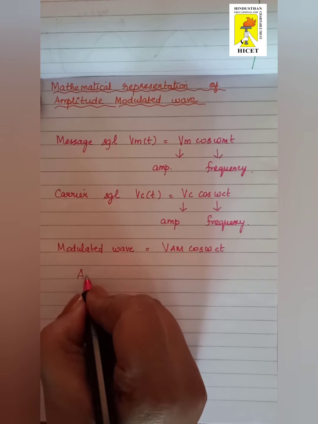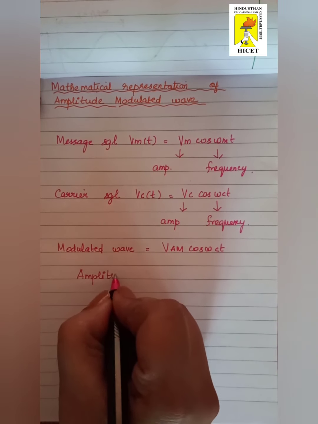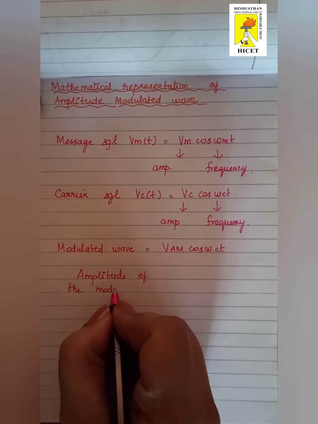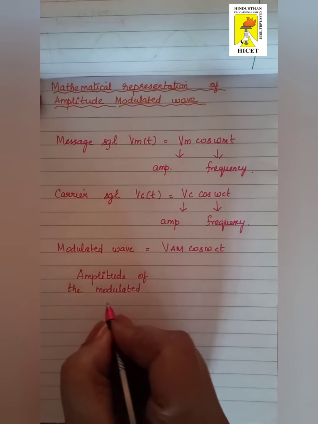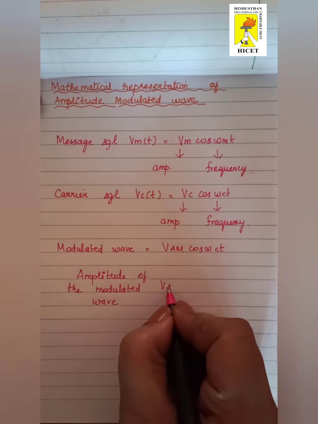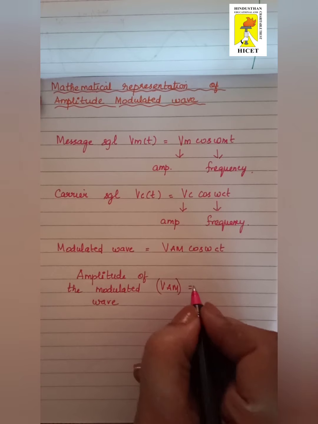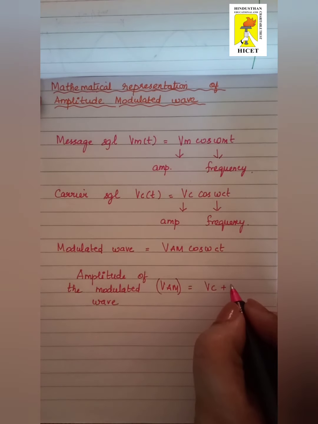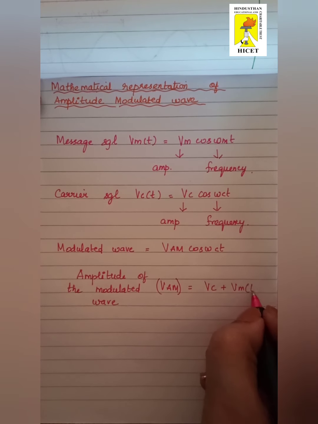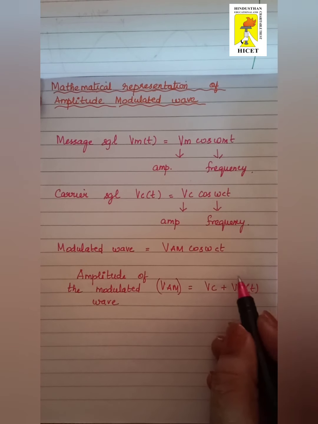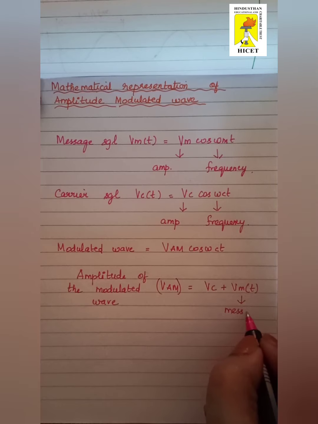So the amplitude of the modulated wave is given as Vam, which is equal to the carrier's amplitude plus the message signal which is sitting upon the carrier signal. So it is given by the expression Vc plus Vm of t, where Vm of t is the message signal.